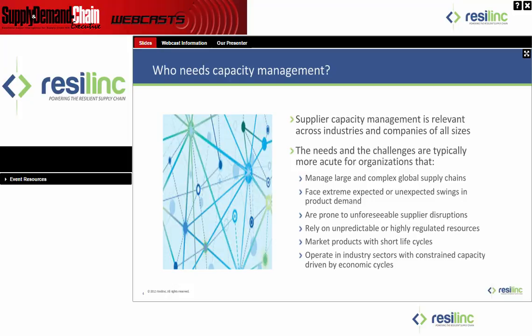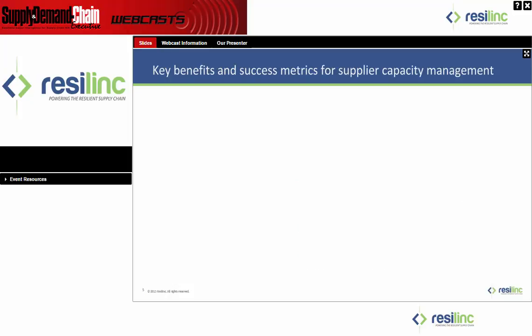The suppliers reacted by taking long-term steps to shed capacity. They laid off skilled labor, they sold off factories, they mothballed plants, etc. When the economy picked up and the demand for automobiles increased, the supply base was just not capable of responding as rapidly to bring the required capacity back online.